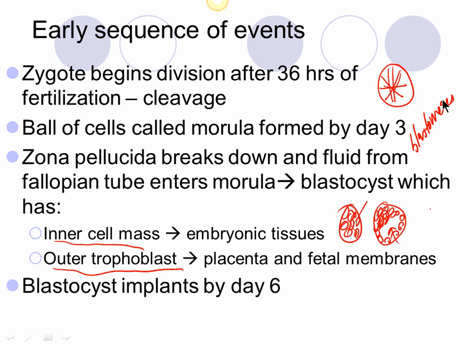So this blastocyst has two parts to it. One part called the inner cell mass, concentrated at one end, and one part which goes all the way around in the periphery, called the trophoblast. Each of these two parts has separate functions. The inner cell mass gives rise to all of the embryonic tissue.